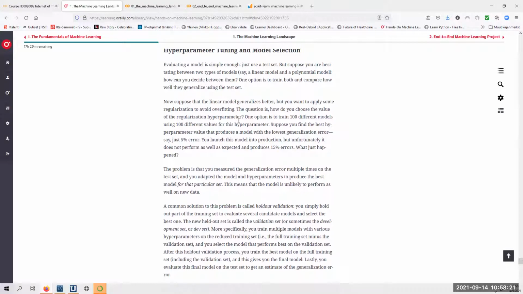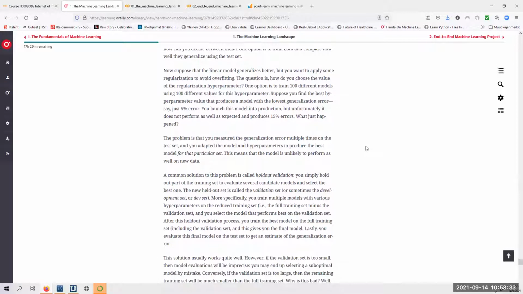Then you should of course choose the value of these hyperparameters. The point here is that if you measure the generalization or measure the error multiple times on the same test set, you adapt the model to fit perfectly this exact set of data, and it still may be unfit for new data.